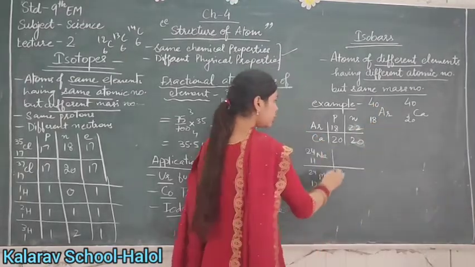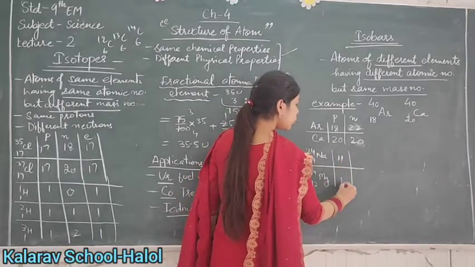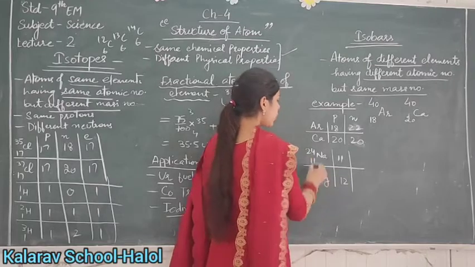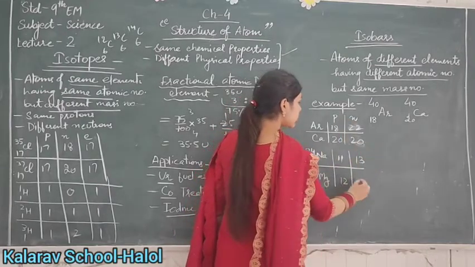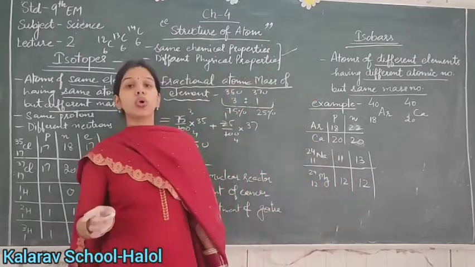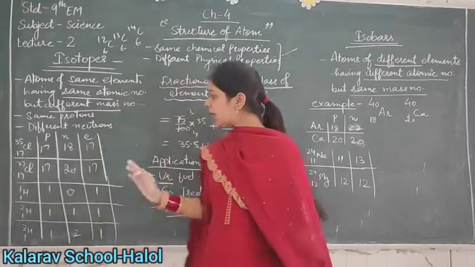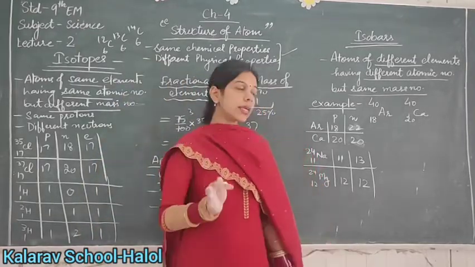In sodium, how many protons? 11. How many protons in magnesium? 12. 24 minus 11 is 13. 24 minus 12 is 12. So for isobars, protons and neutrons are different. But for isotopes, neutrons are different but protons are the same.